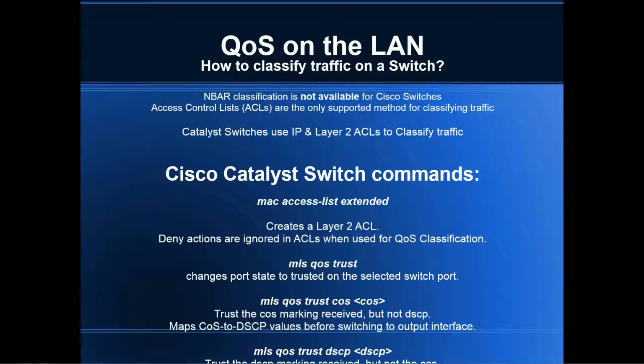One of the nice things with MBAR is it works with most things. However, it does not work for low-end Cisco switches, and ACLs are the only supported method. With Catalyst switches specifically, I know this is true for the Catalyst 3500 series and below.